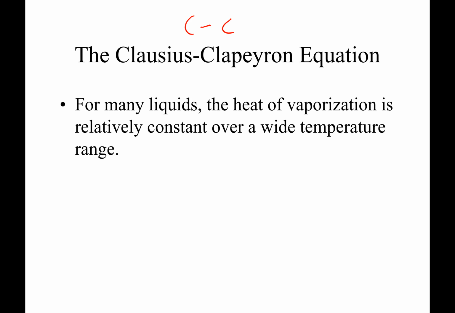And it assumes that the heat of vaporization, it's funny because we just assume that you can look up a heat of vaporization for a substance in a table or online or whatever. And we assume that it's good over a range of temperatures.